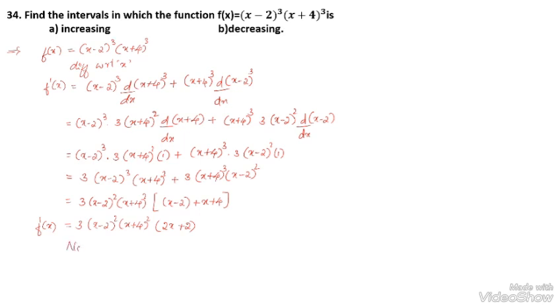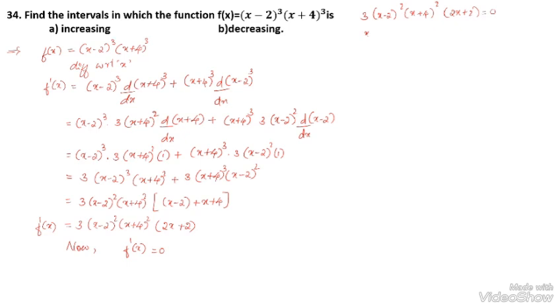Now for finding the intervals, I consider f dash of x equal to 0. Then 3 into x minus 2 square, x plus 4 whole square and 2x plus 2 is equal to 0. Here I can take 3 to the right side, it becomes 0. Whatever the values, all are 0.